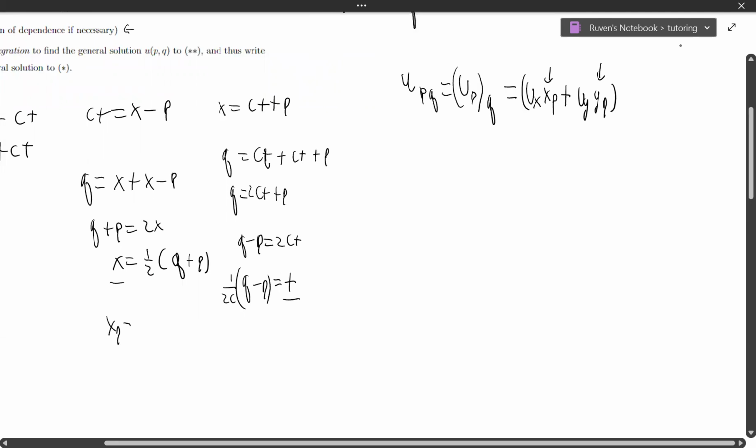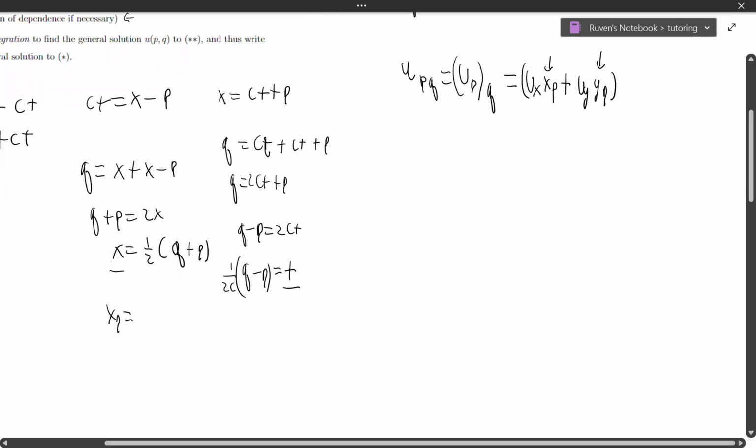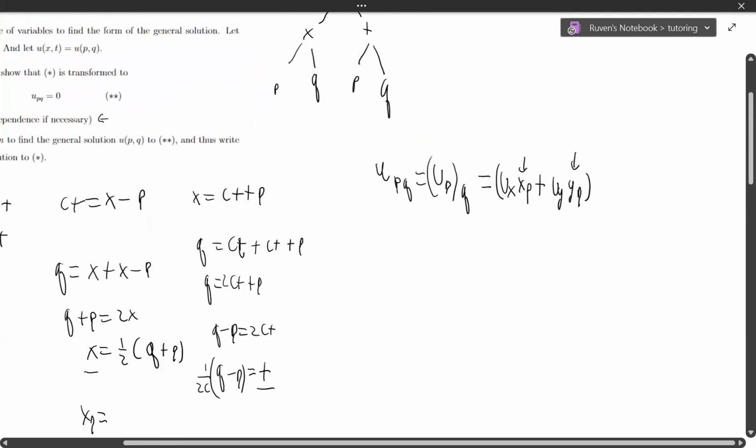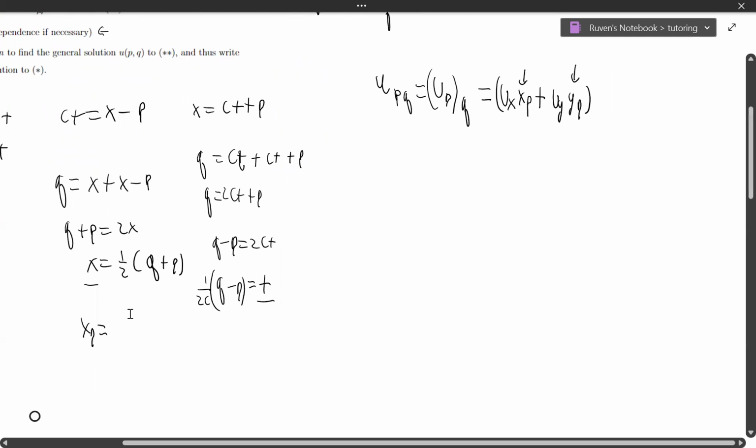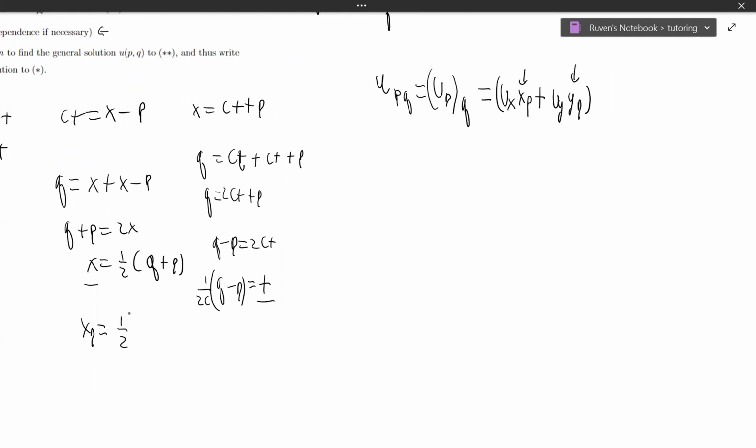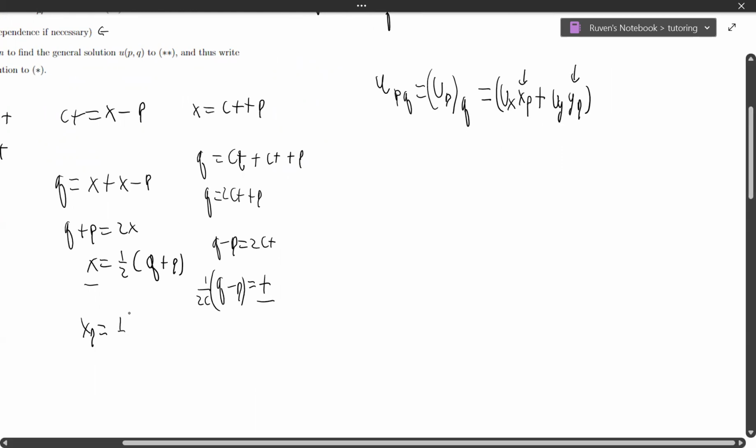So x_p is going to be just equal to 1/2. Sorry, I meant to say 1/2.